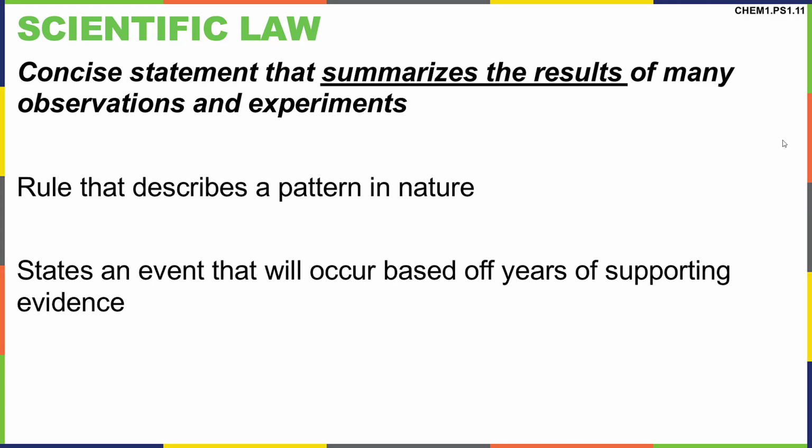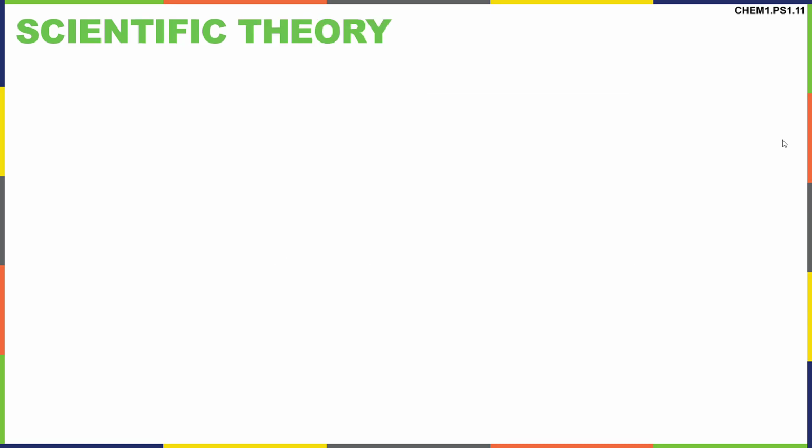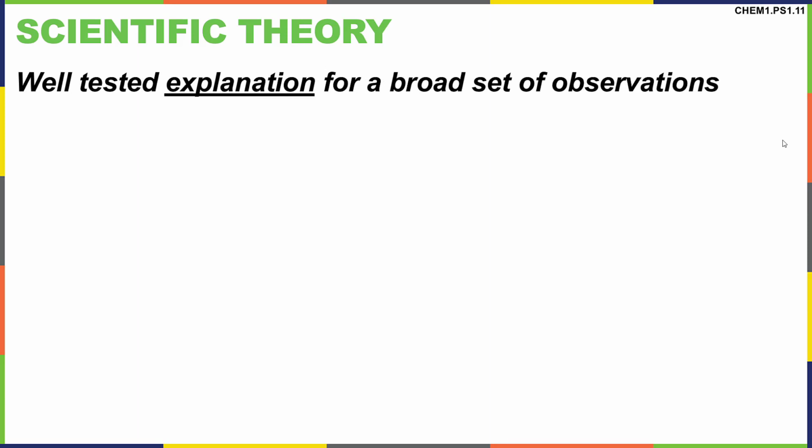So in other words, a scientific law is supported by years of experimentation and evidence, and all it does is summarize the results of all those years of experimentation and the data that was collected as a result. A scientific law summarizes the results. It does not explain why. Explaining why it happened the way it did is what a scientific theory is.